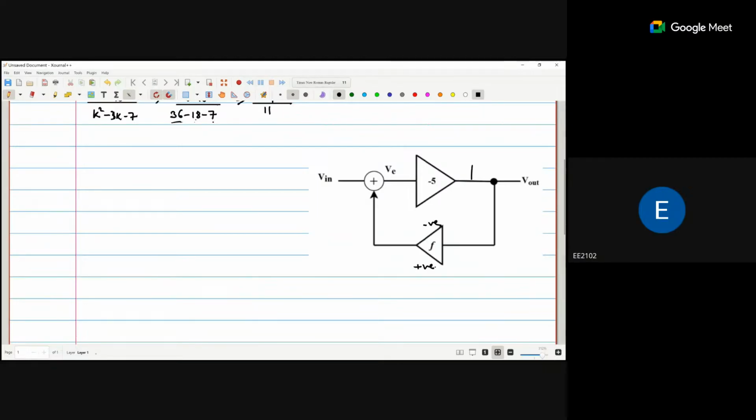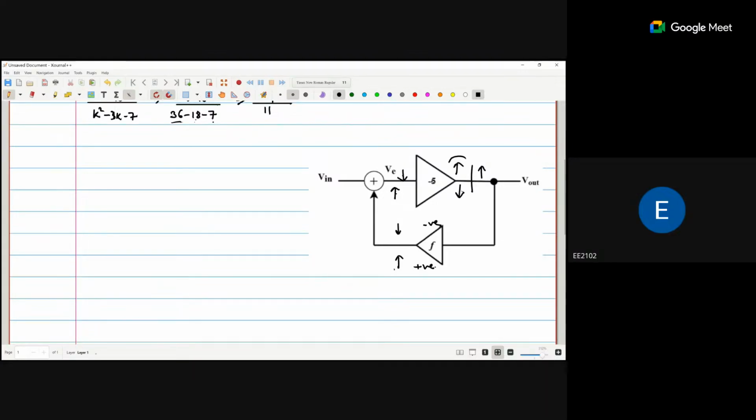If I break the loop and increase the voltage, when it is negative we get a negative voltage, and when it is positive we get a positive voltage. Now both voltages will be added here. If the negative voltage is added, my signal will be negative, and if positive voltage is added, my signal will be positive. Now if a negative signal is multiplied with negative, we get positive, and a positive signal multiplied with negative gives negative.